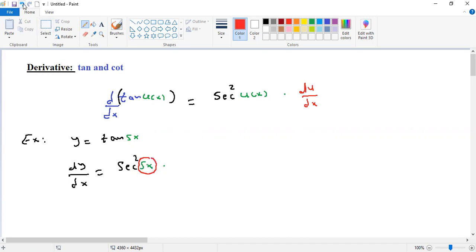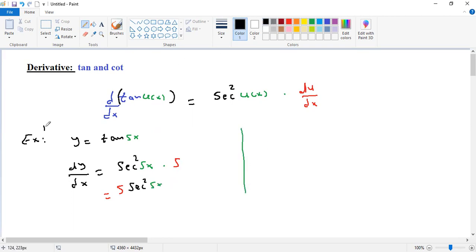The derivative of 5x is 5. Don't multiply this by this one, it's a big mistake. Don't write 25x. We have to write 5 before secant. So it is equal to 5 secant squared 5x.